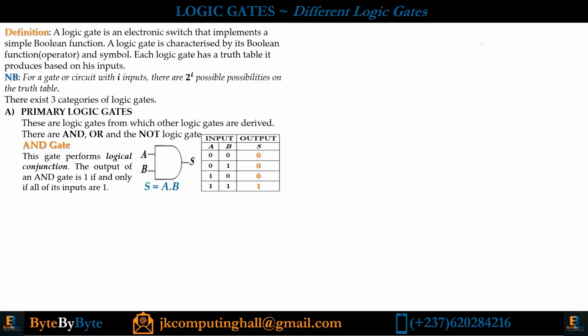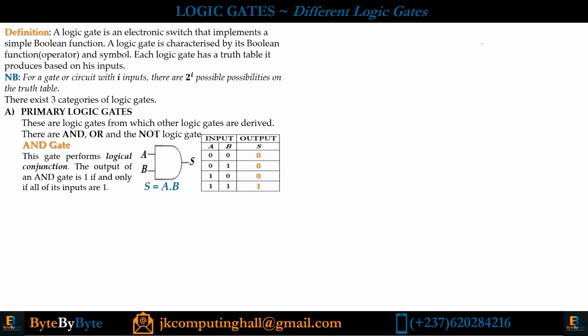Before I proceed, in the definition they said a logic gate is characterized by its Boolean function. When we talk of Boolean, we mean here that the only digits that we can have throughout this particular chapter are 0 and 1, because Boolean implies we are working only with 0 and 1.